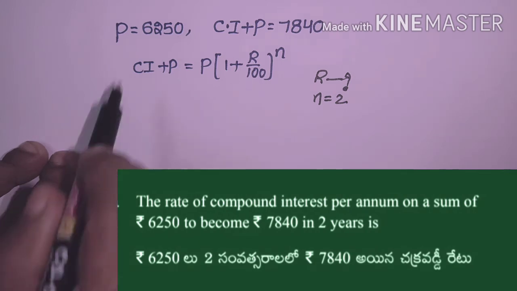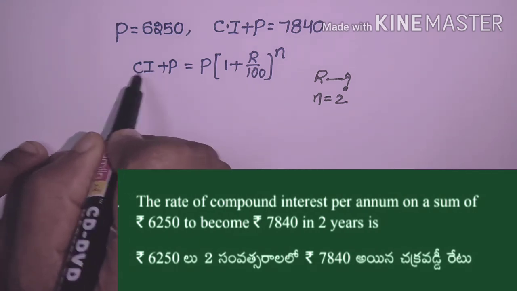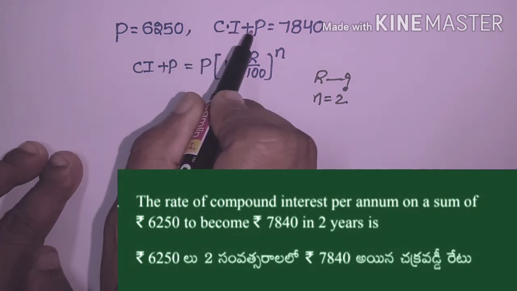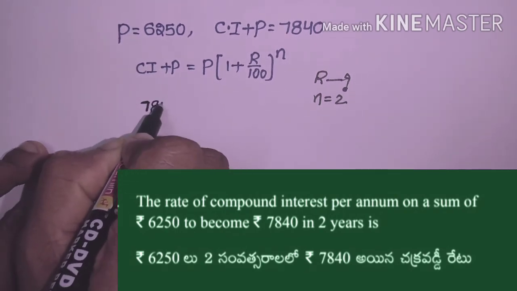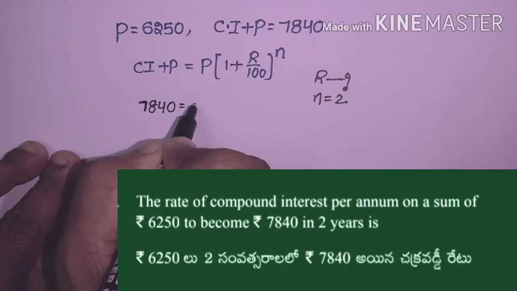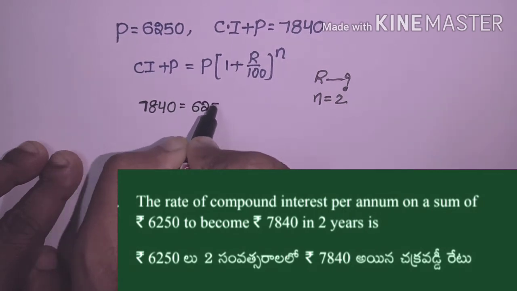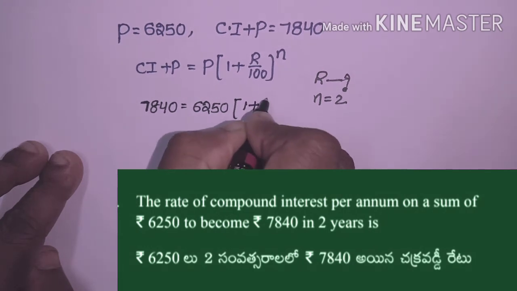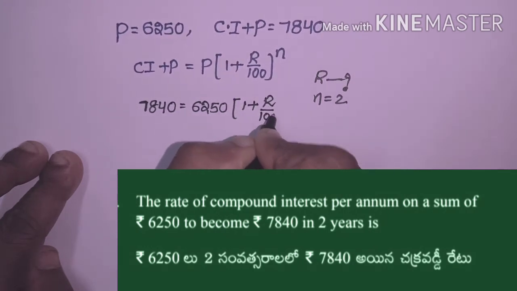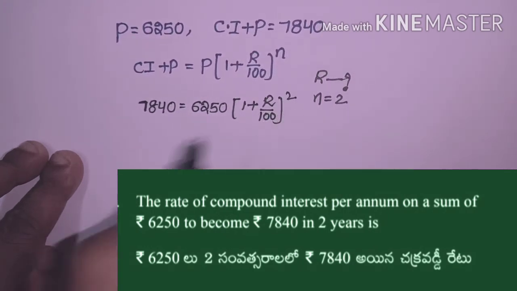Now we are replacing the values here. 7,840 is equal to 6,250 into (1 plus r by 100) whole square, since n is equal to 2.